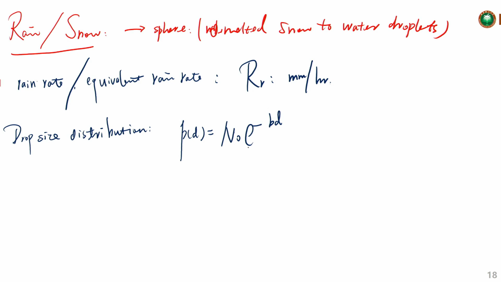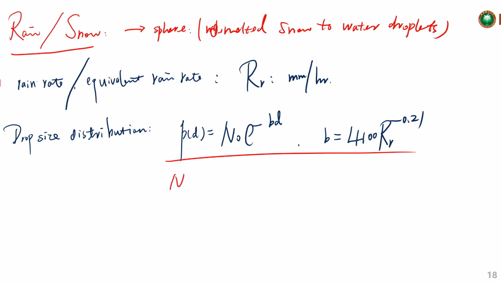The parameter b also has its own expression, which is b equals node times R to the power minus 0.21. So this condition is proposed by two scientists. They are called Marshall-Palmer, so it is called an MP model.